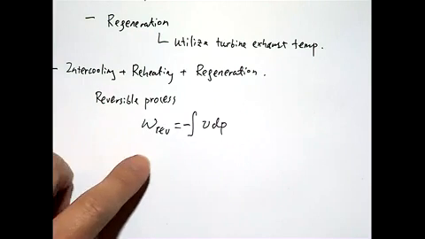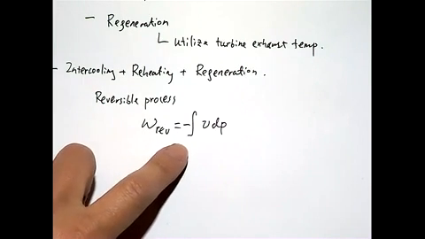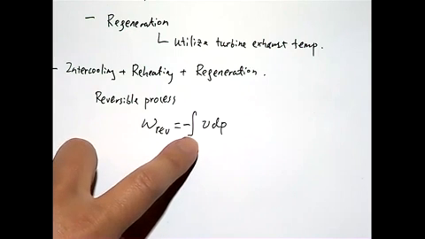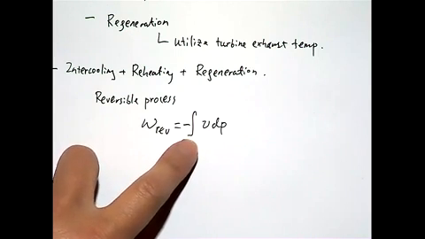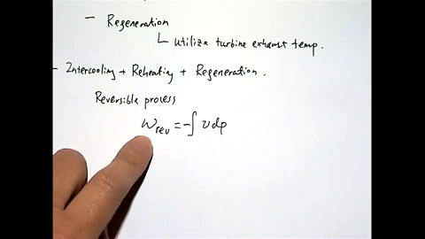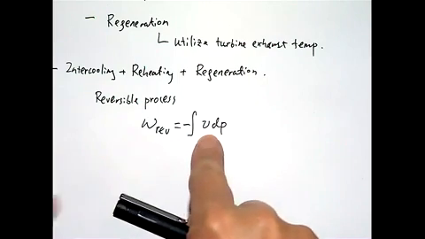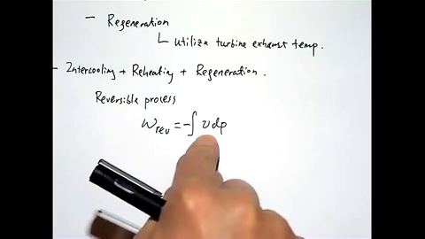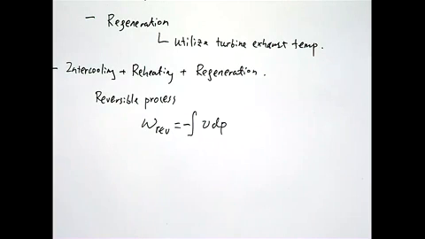Going through a compressor, you usually want to minimize the work done externally on the gas. You want to keep the volume as small as possible, so that you minimize the work done to the system.